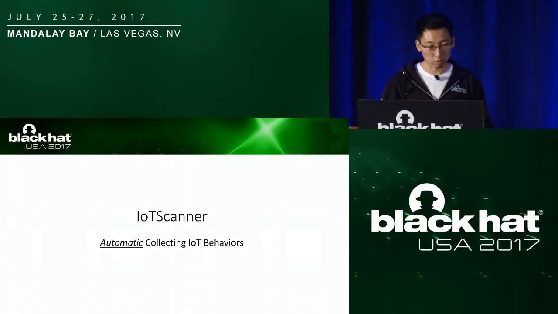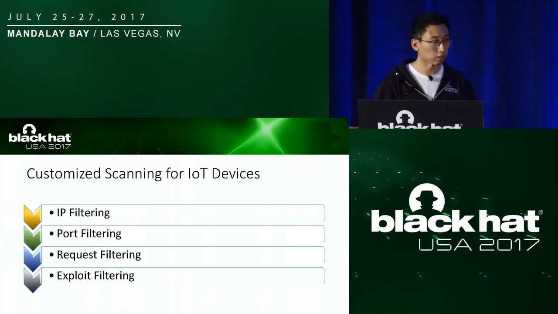We try to do this in a polite way, so we customize our scanner, because our scanner is pretty standard, and we apply several heuristics to filter the things we need to scan, to make the scanning result closer to real IoT, and also make the scanning process more efficient.